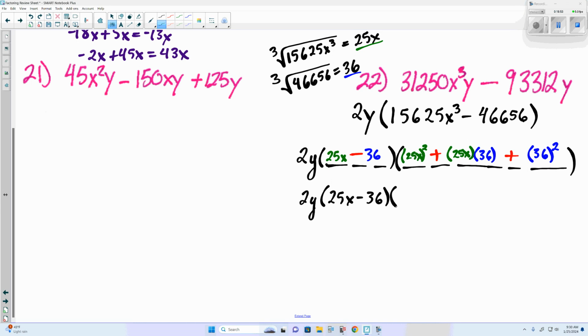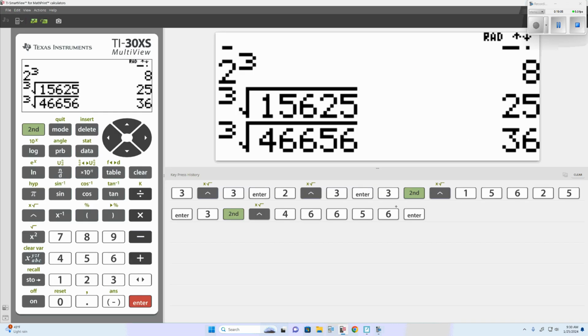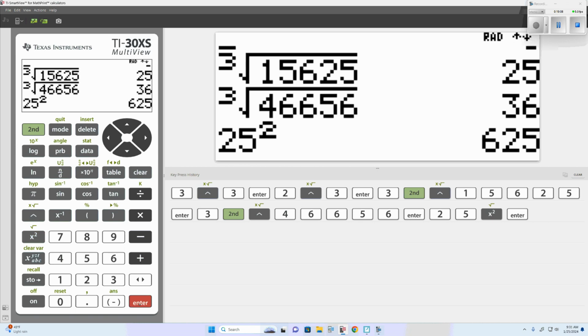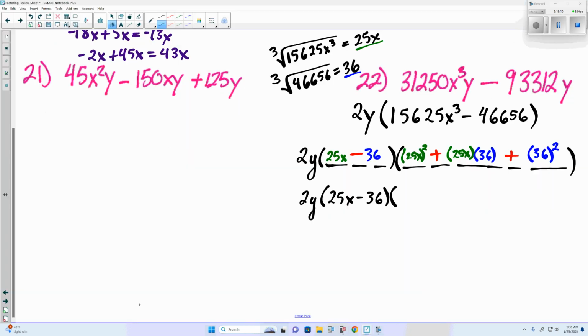Now 25x squared, we're going to square both terms because we're doing 25x times 25x, so 25 times 25. There's no way it's 625. Okay, never mind. Because our 25x squared is going to be 625x squared.